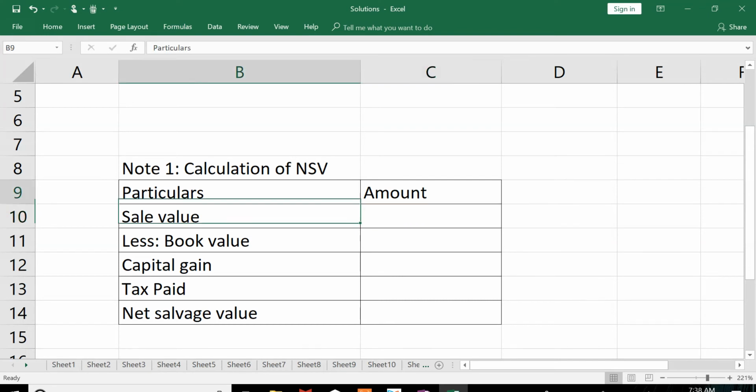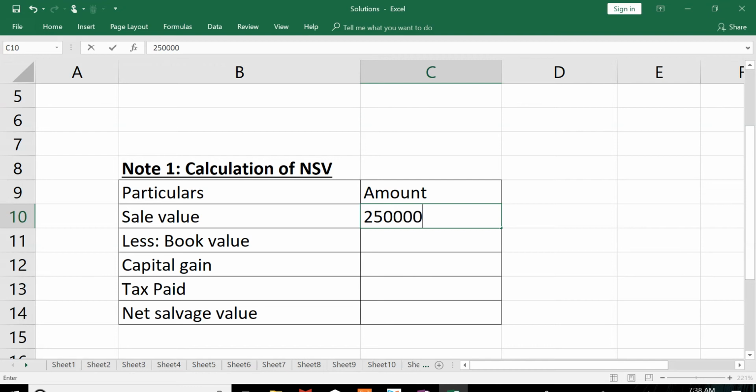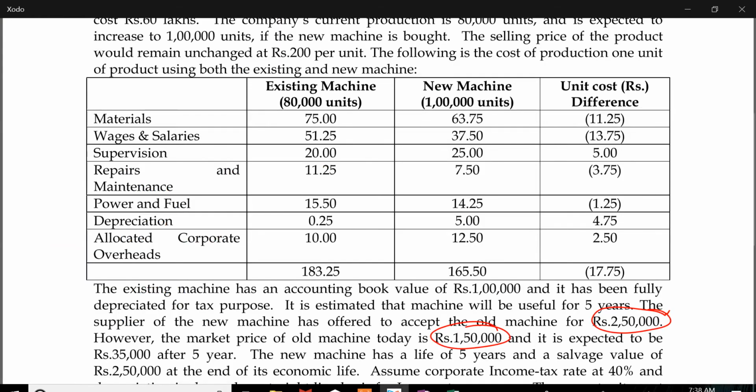What's the sale value? 2,50,000. Book value 1 lakh. Capital gain 1,50,000. Tax rate is how much?